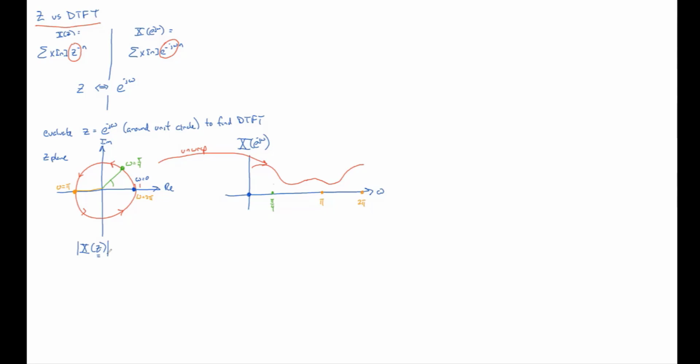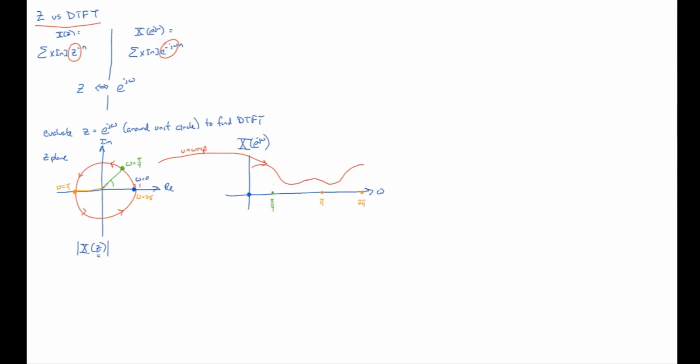So just to make what I'm about to say easier to understand, let's say we're only interested in the magnitude of the Z transform. So now I've got 3 dimensions, 2 dimensions of our input variable, the real and the imaginary part, and then the single dimension, the magnitude of X of Z. So imagine that as a height.